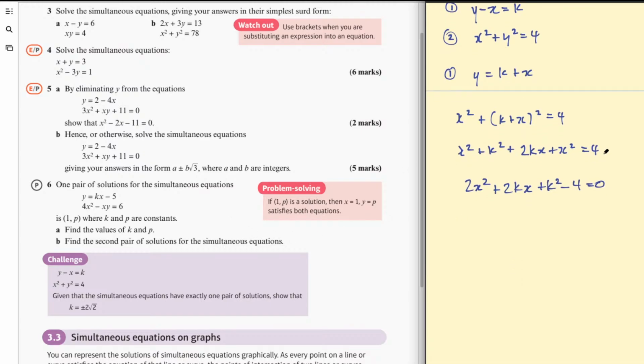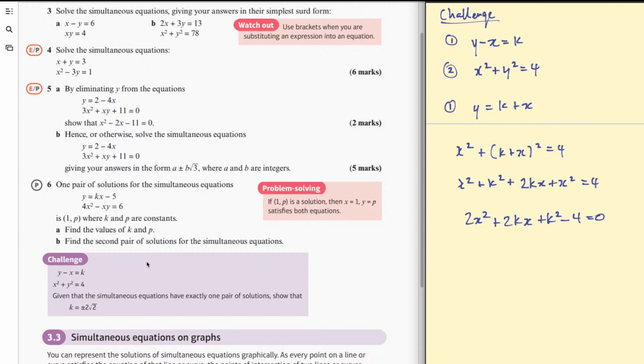Do you remember when we had one pair of solutions? What did we say the discriminant was? Well, firstly, let's write down the discriminant. It's b squared take 4ac. And we said when there was one pair of solutions, it was equal to 0.